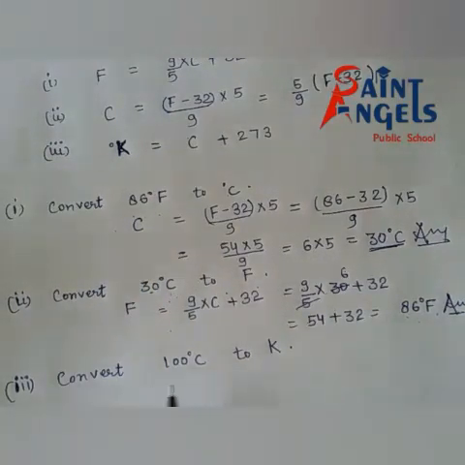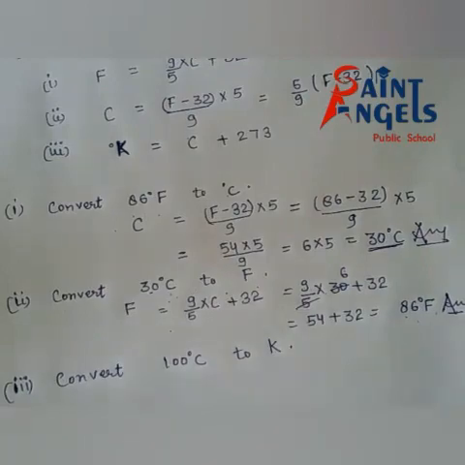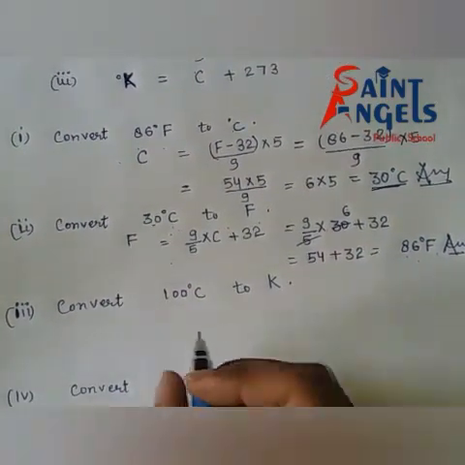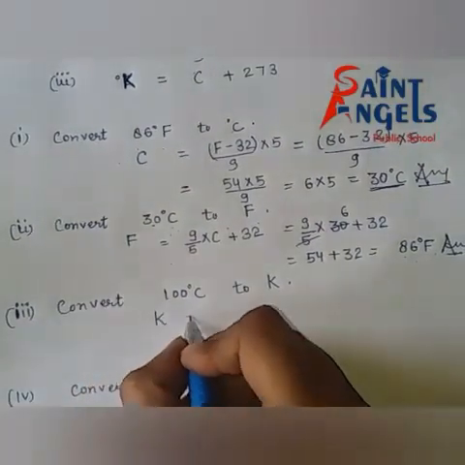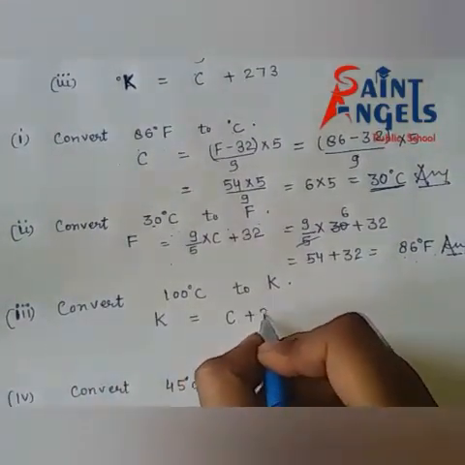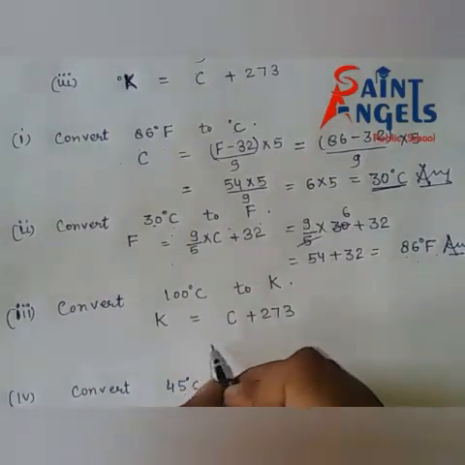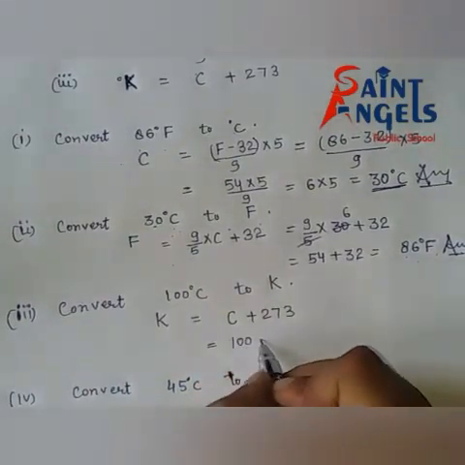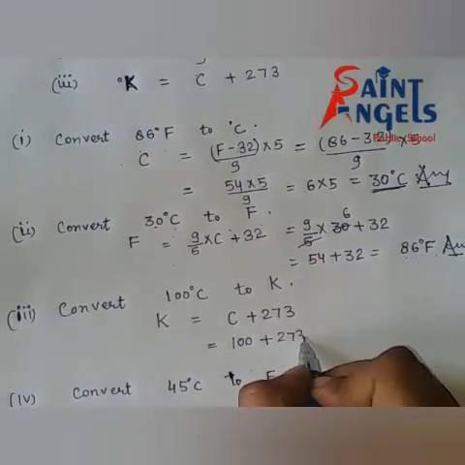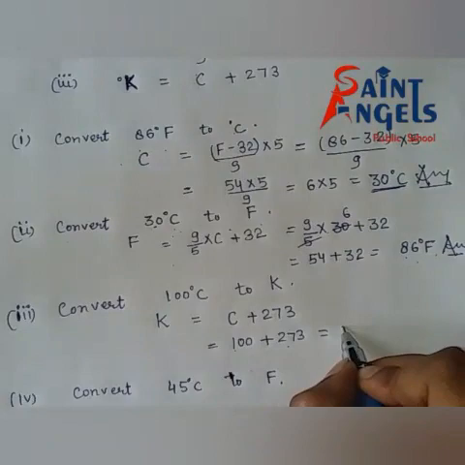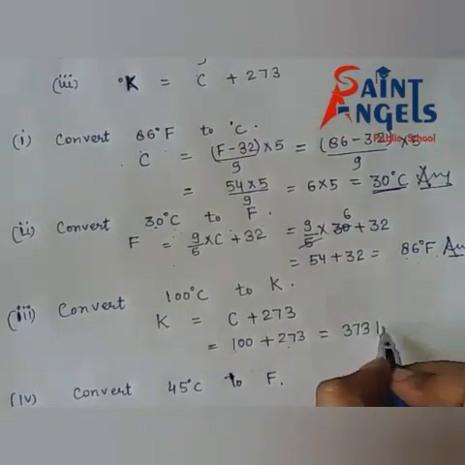Next, convert 100 degree Celsius to Kelvin. So students, what is the formula for conversion into Kelvin? Kelvin is equal to Celsius plus 273. The value of temperature on the Celsius scale is 100, so 273 plus 100 is equal to 373 Kelvin.